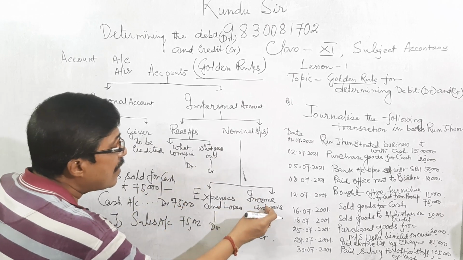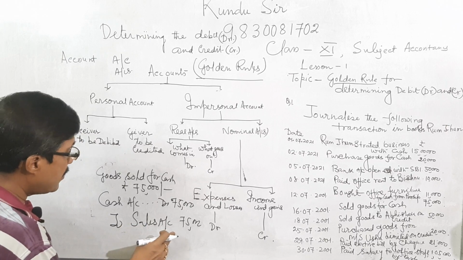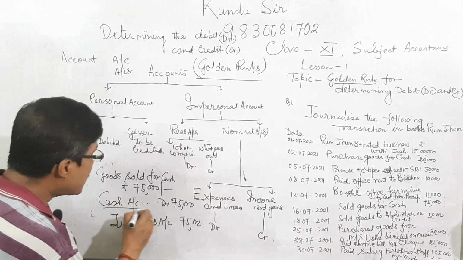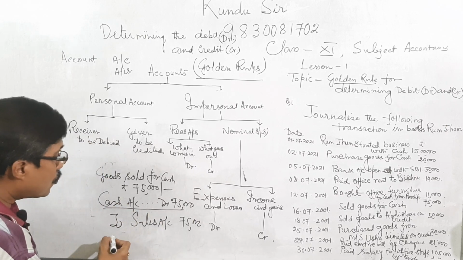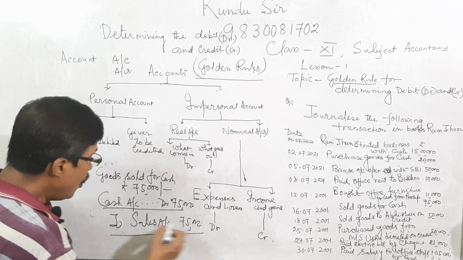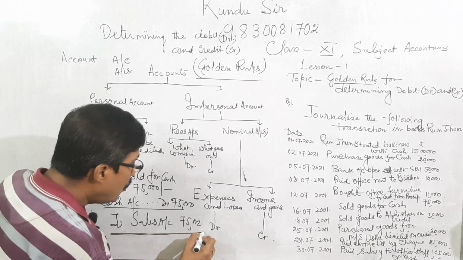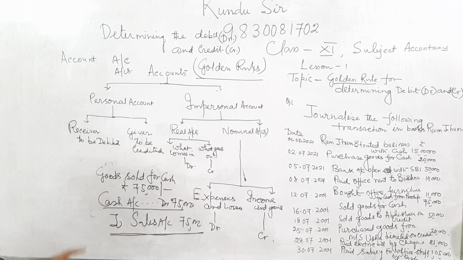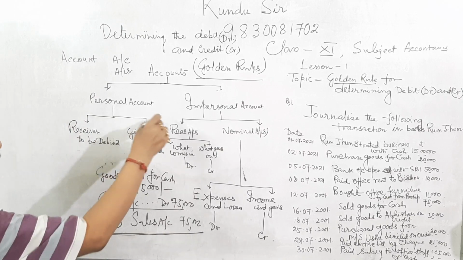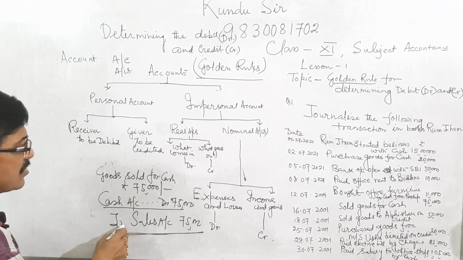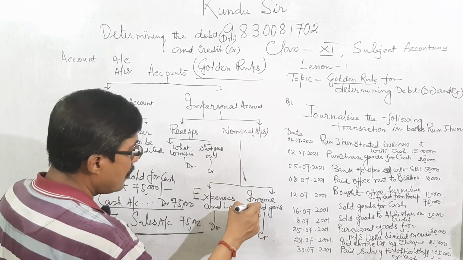What is sales? Income or gains, to be credited. The first portion is debit and 'to' indicates credit. Cash is a real account and sales is a nominal account.